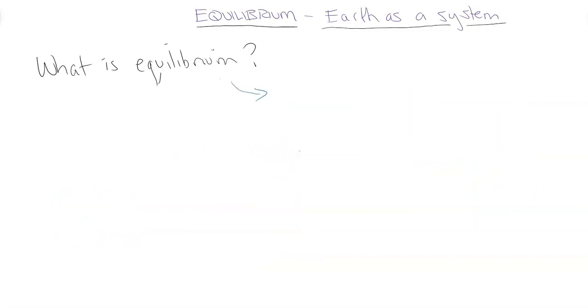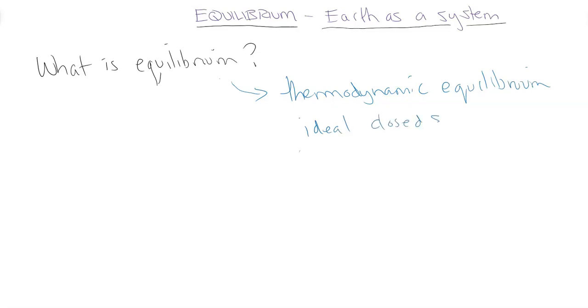Now, looking at the physics part of this, I'm looking at a thermodynamic equilibrium. Again, in an idealized, closed system whereby the surroundings are not interfered with, not exchanged with, not connected with, and you have energy and matter contained within that system.